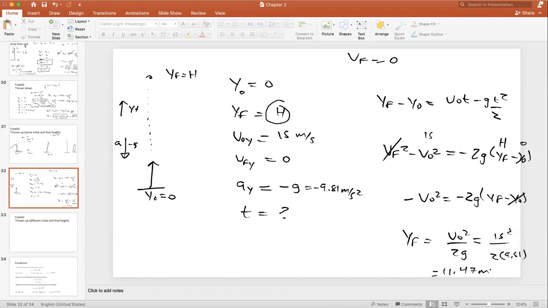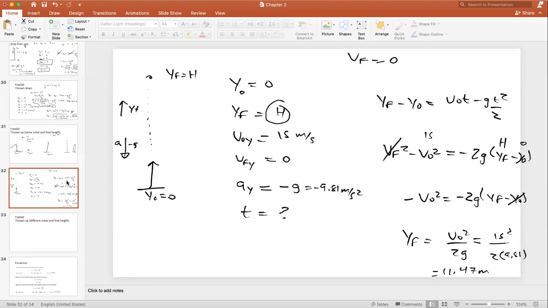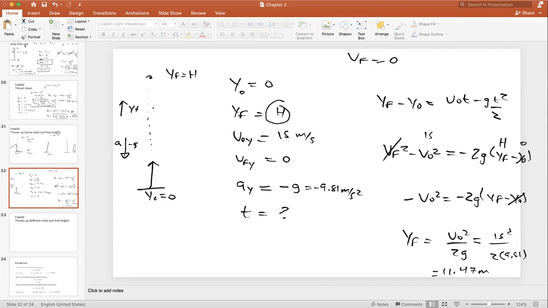Okay, so what I asked a minute ago was I wanted v at max height. That's 0. Max height I just found was 11.47. And then the time, and the time's super easy to find now that we know that v final is 0, because that's just v initial minus gt, but this is 0.